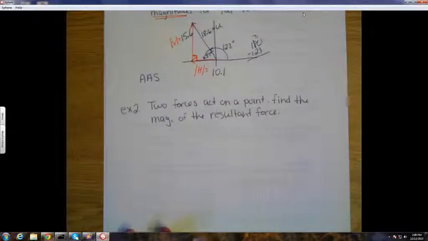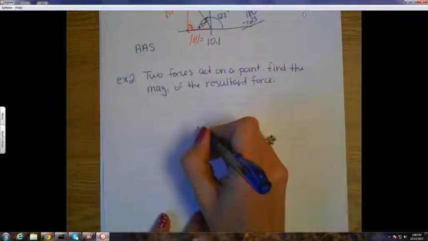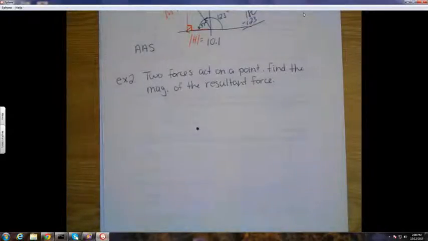So, the picture's huge here. You need the picture to be able to get these. So there's our point, there's our crate. Now, oh, I forgot to tell you the forces, for goodness sake.